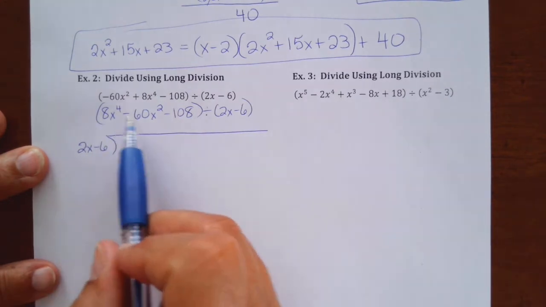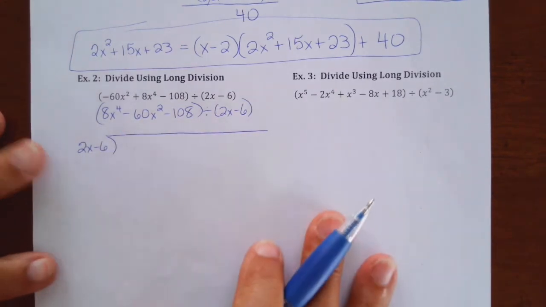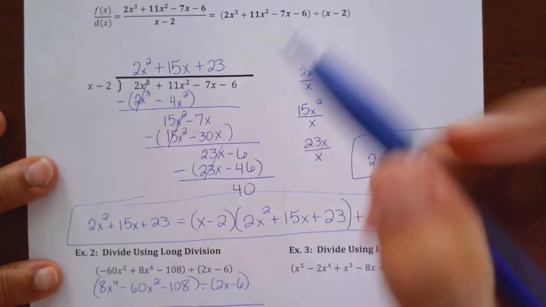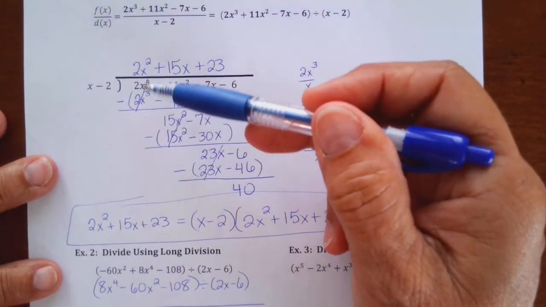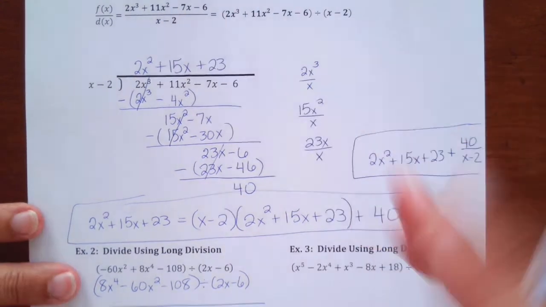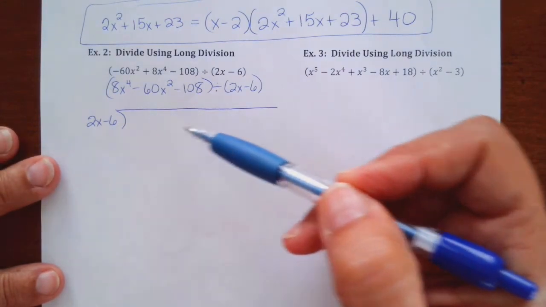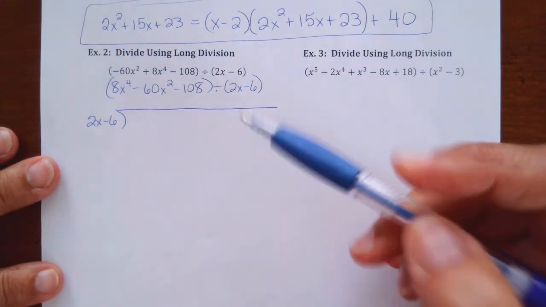But I have to have a placeholder for anything that's missing just in case, because when you put your numbers underneath, they have to have the same exponents. So if I have an x term that comes up in this problem, I don't have anywhere to put it, so I just need to have a placeholder. You may or may not need them.